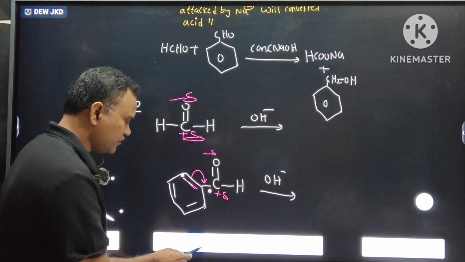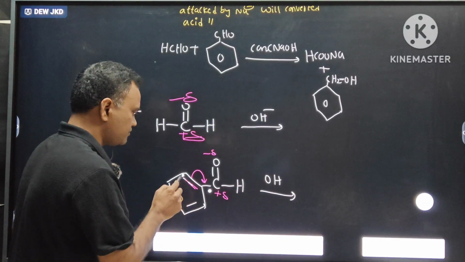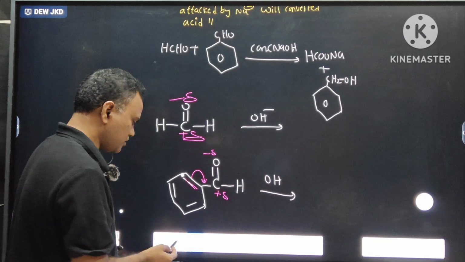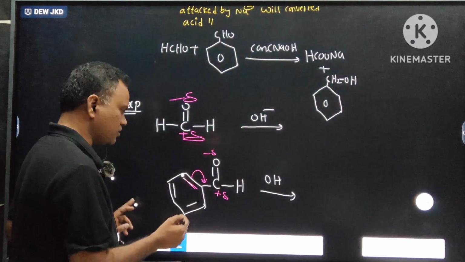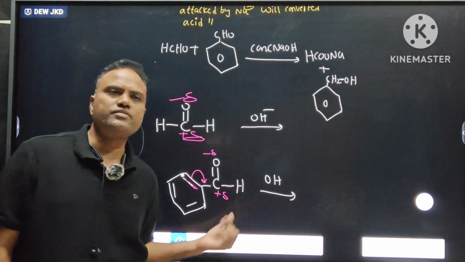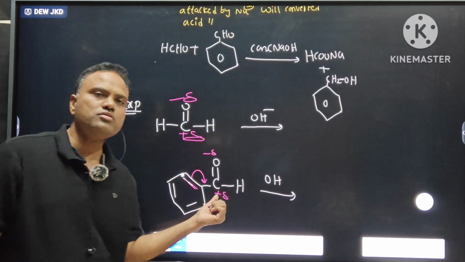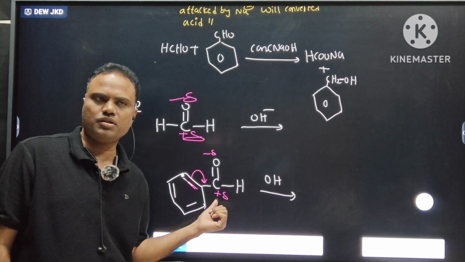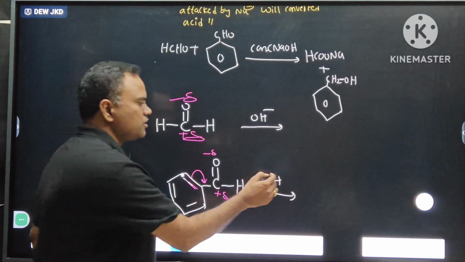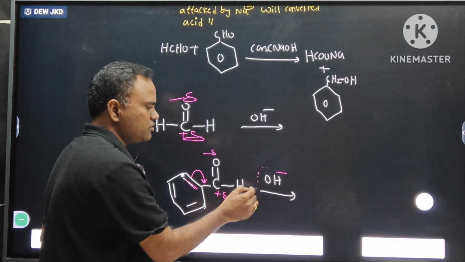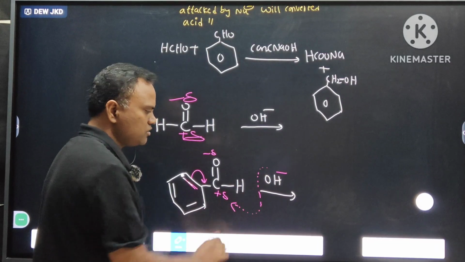So less favorable for the attack by the nucleophile. This molecule will be less favorable for the reaction. Why? Positive charge density is less. Clear? So here OH minus attack will be very slow. So rate of reaction also very slow.